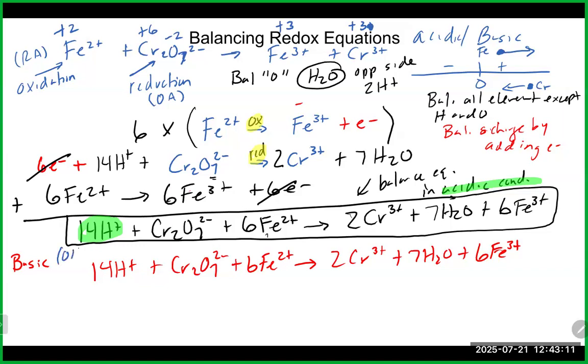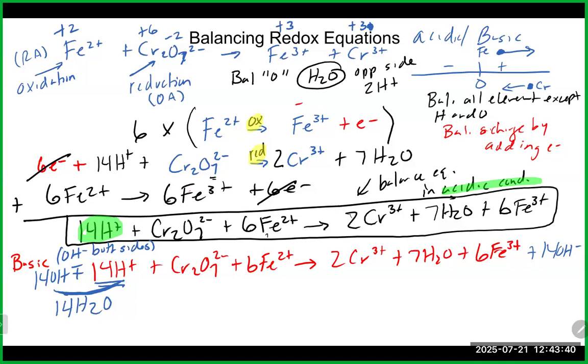We're going to add OH- to both sides. How much OH- should you add? It should be equal to the H+. So in this case, we have 14 H+. That means this side gets 14 OH-, and this side gets 14 OH-. The side that has OH- and H+, this will come together to make 14 waters in this case.